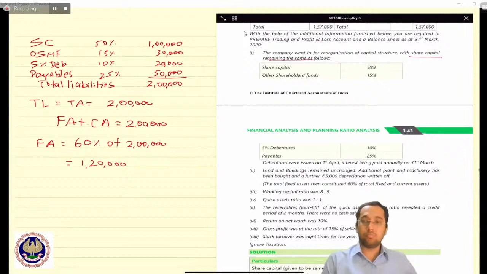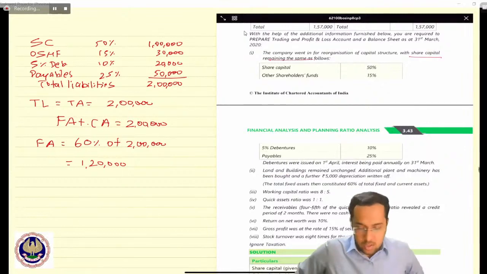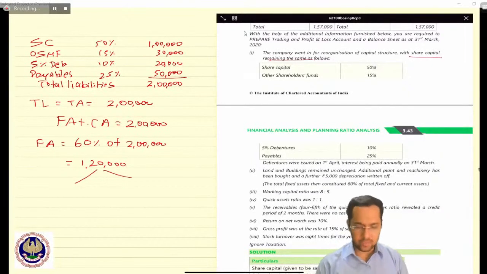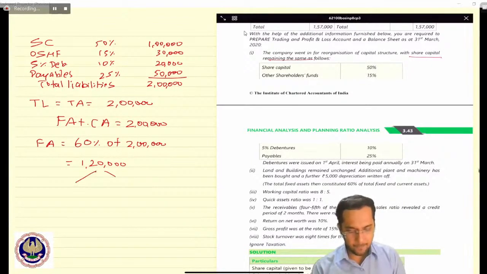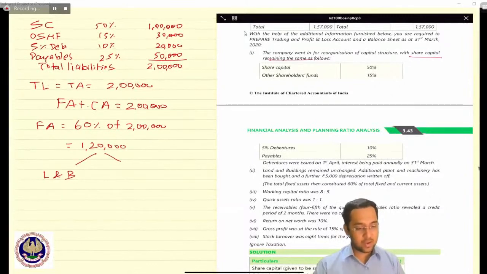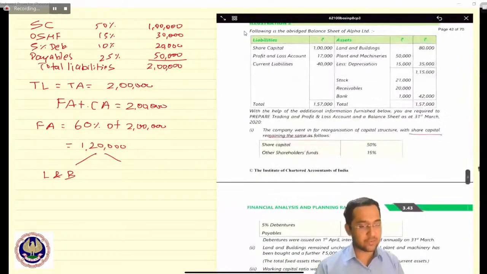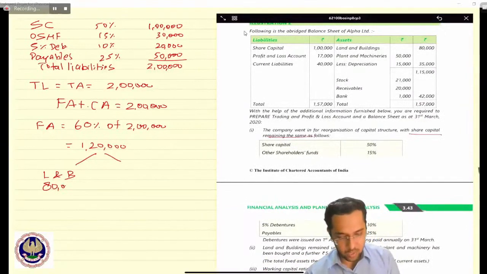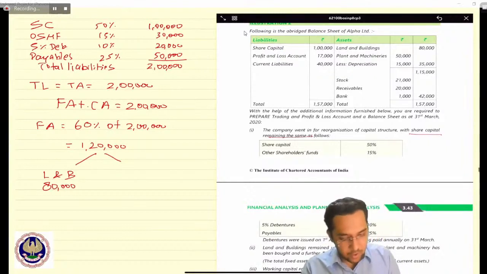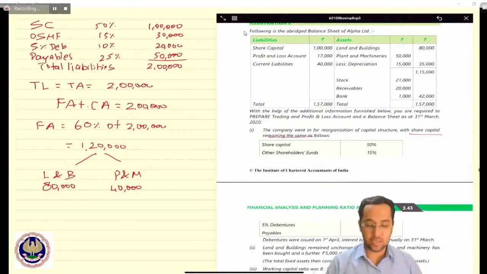Land and building remain unchanged, so it continues to be at the earlier figure of 80,000. Then what about the rest, 40? The rest, 40,000, will definitely be plant and machinery.